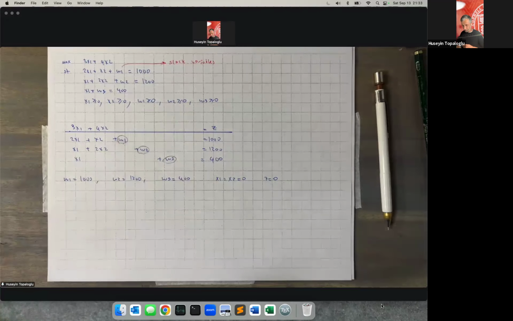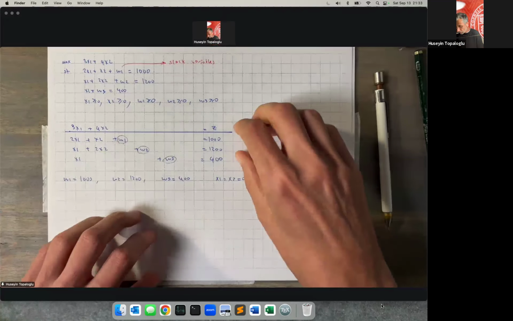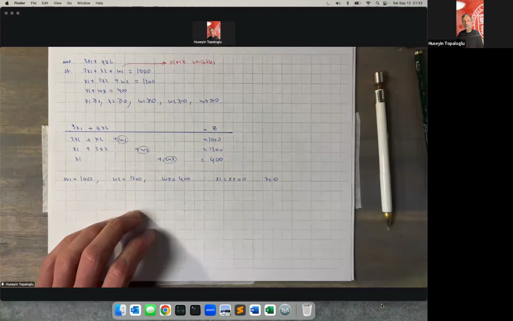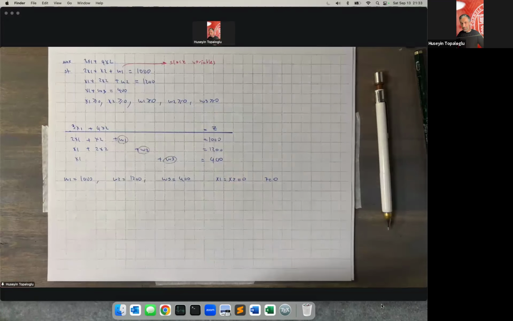Okay. So now what we're going to do in our algorithm is apply row operations to the system of linear equations. You know that when we apply row operations to a system of linear equations, the system remains equivalent. So we're going to apply row operations to get to other feasible solutions that give us better and better objective values.